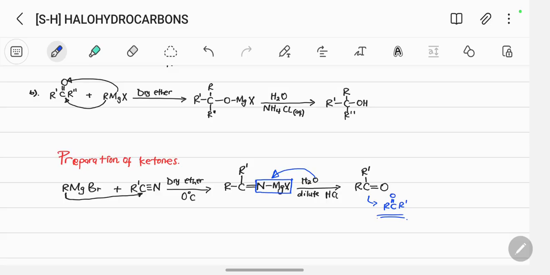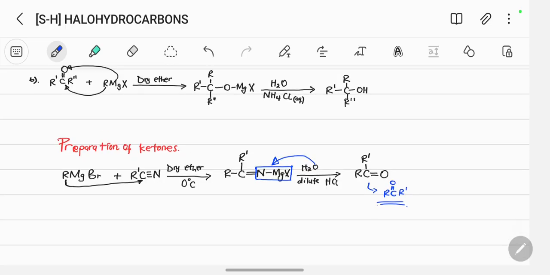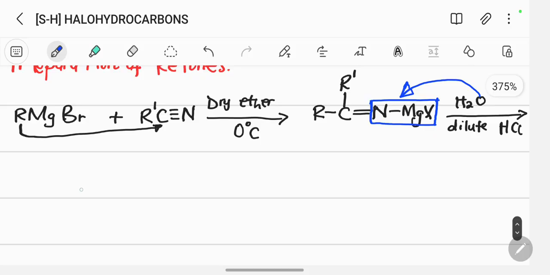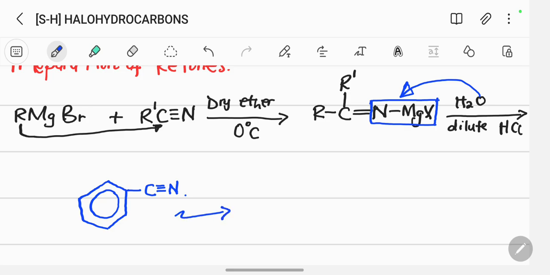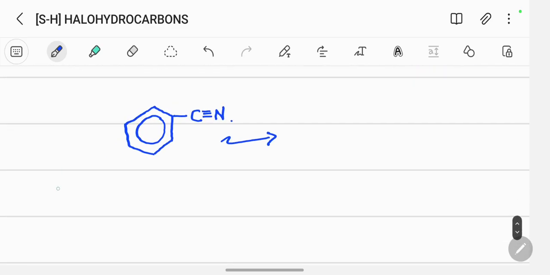So you may go on to expand and look at how this is going to work out. Add the Grignard and move on. So I'm going to jump straight to, maybe they can even tell you to convert.